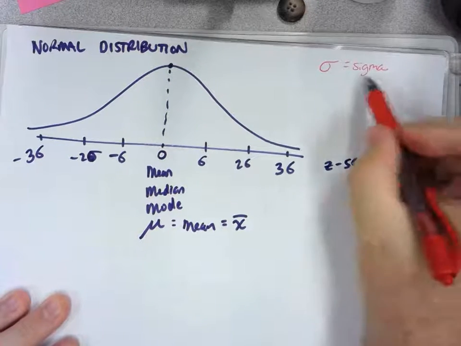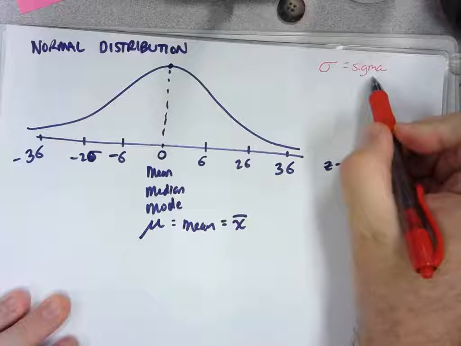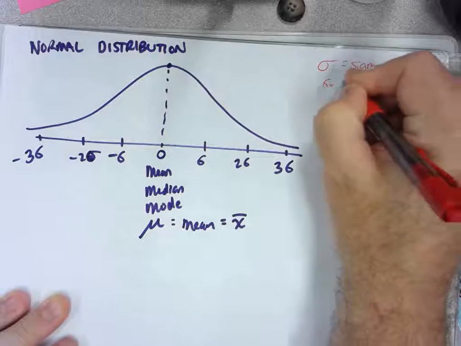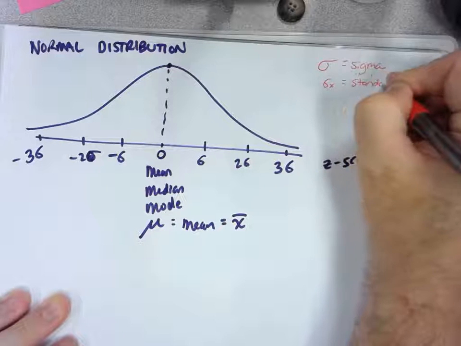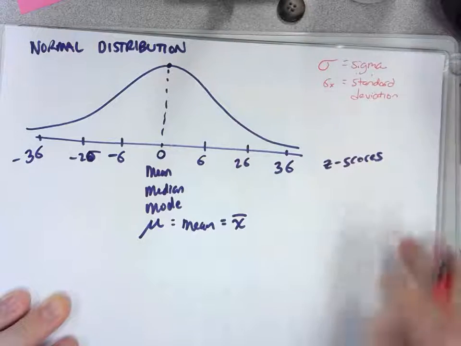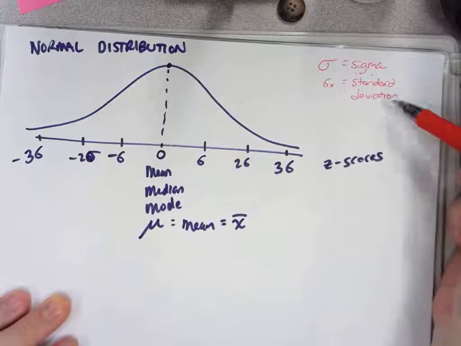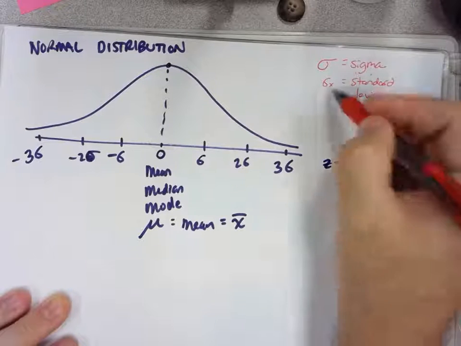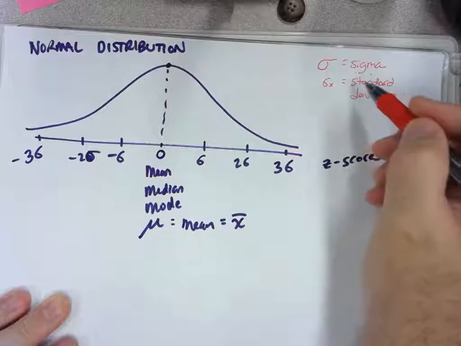So sigma is the Greek letter, and you'll see that on your calculator as sigma x. That is your standard deviation. On your calculator, that is the population standard deviation. Sx is your sample standard deviation. But this is the one we want to use.